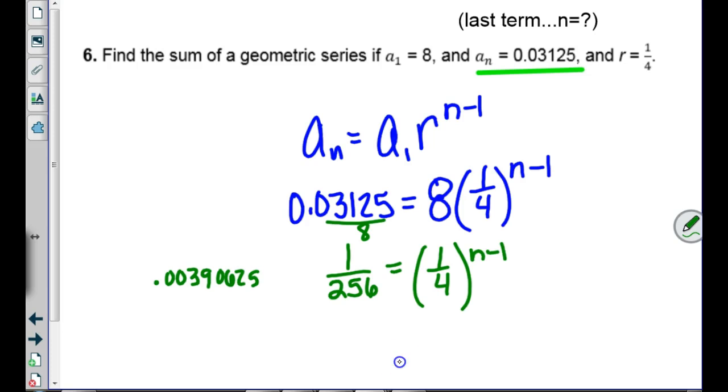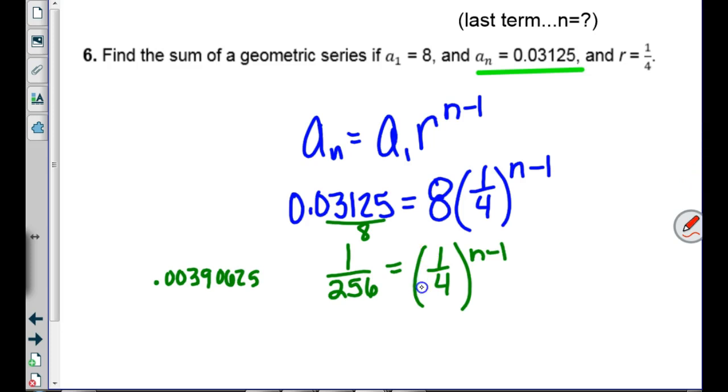Where's the variable? How do we find a variable when it's in the exponent? Nolan wins. He's barely awake. We have to do a log, right? He said it.